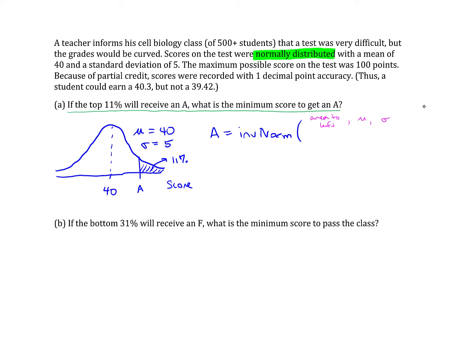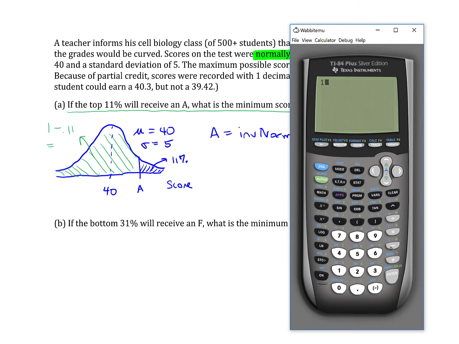So for the area to the left, well, there's a problem here, because the 11% is the area underneath the distribution's curve to the right. So we have to make a conversion. But that's actually not so bad. All we have to do is take 1 minus 0.11. If you need to get your calculator to come up with that, that's fine.